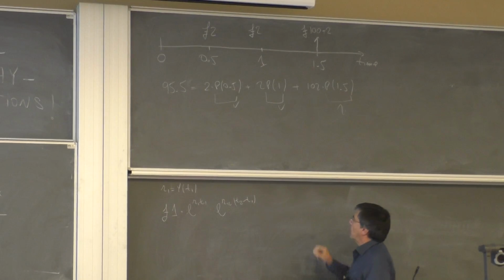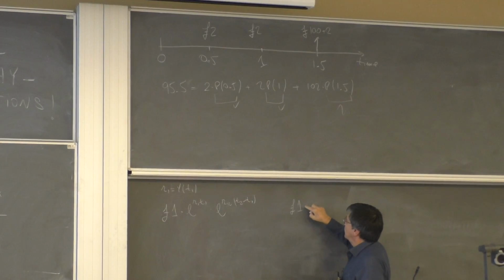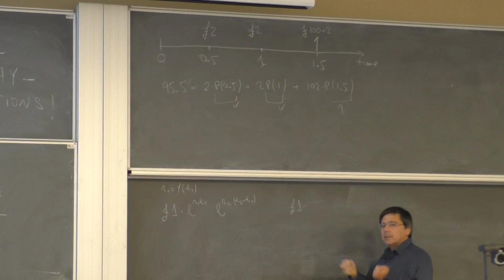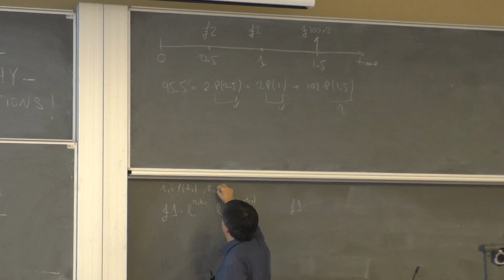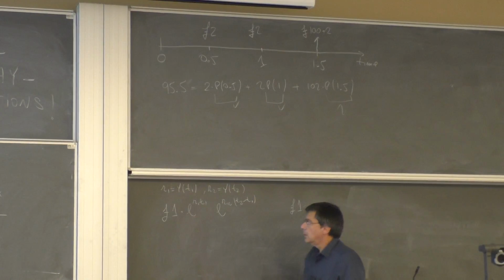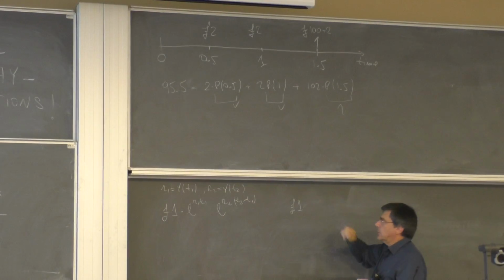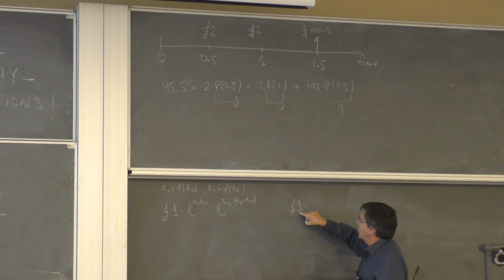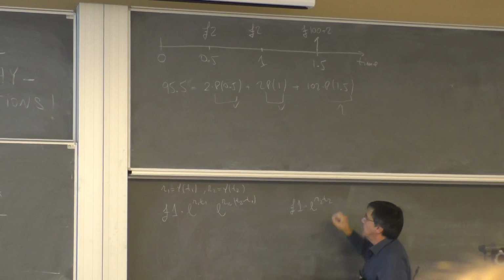Another thing you can do with your £1 is to take it and just deposit it for T2 years. Let's take R2 to be Y of T2, the T2 spot interest rate. When you deposit your £1 from now until T2 years in the future, you're going to get back your £1 times e to the R2 times T2.